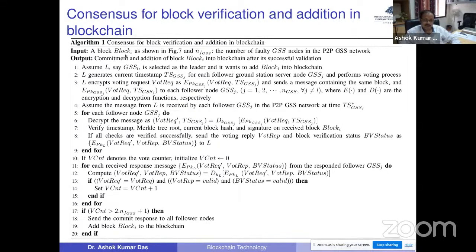Suppose that you have a block I, and NF GSS is the number of faulty GSS nodes out of the total number of nodes in the network. So what will be the output, commitment and addition of the block into the blockchain after successful validation? The first step is that we first select the leader using some leader selection algorithm or random policy algorithm. Suppose GSSL is treated as the leader, who has the block I for mining purposes.